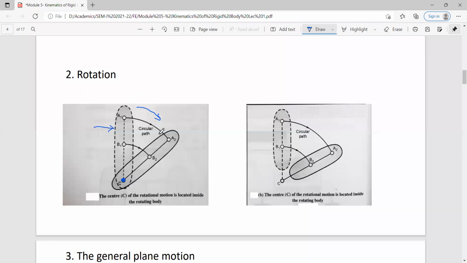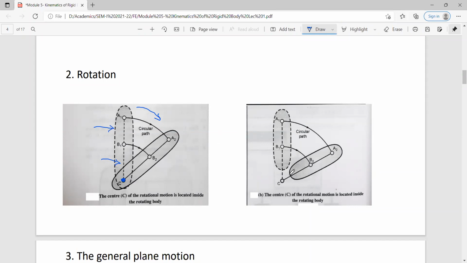Again there are two cases of rotation: when the body rotates about a point which is located on the body itself. For example, here we are rotating the body about the point C. Point C is on the body itself. So this is one case.